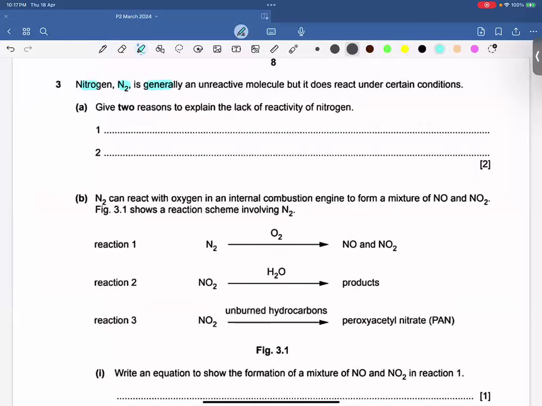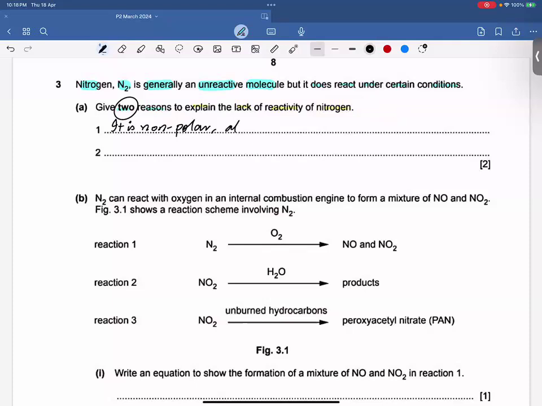Nitrogen is generally an unreactive molecule, but it does react under certain conditions. Give two reasons to explain the lack of reactivity of nitrogen. Well, we have discussed this in class. First, it is non-polar because the difference of electronegativity of the N2 molecule is 0, so it is non-polar.